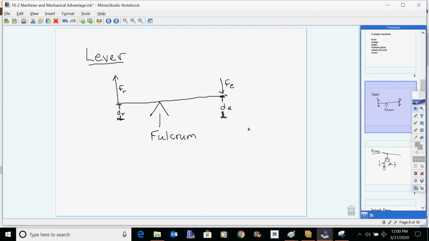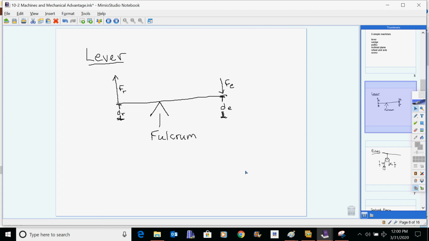If you're a right-handed batter, you're pushing in the force with your right hand. If you're a left-handed batter, you're putting in the force with your left hand. So the fulcrum is your non-dominant hand, and the resistance is the part that hits the ball, so it's configured a little bit differently.